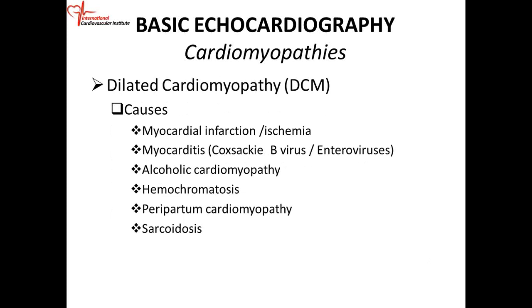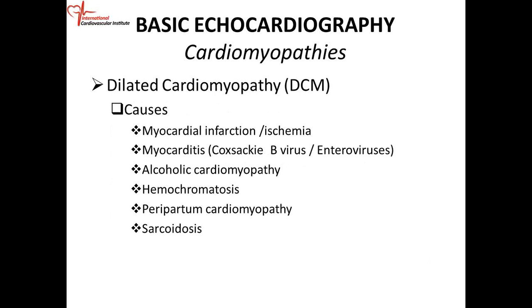So again, some of the causes for a dilated cardiomyopathy are myocardial infarction or ischemia. When you have, say, a myocardial infarction, the heart muscle dies and it's stretched. That phenomenon is something we call remodeling. When the heart muscle dies, it becomes thin and dilated.